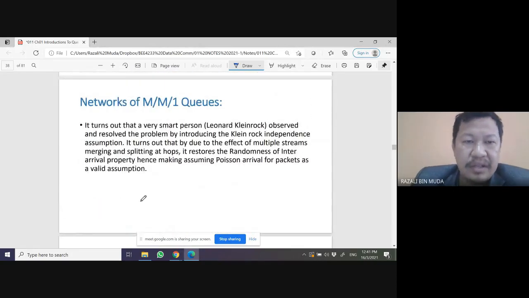It turns out that somebody by the name of Leonard Kleinrock observed and resolved the problem by introducing the Kleinrock independence assumption.